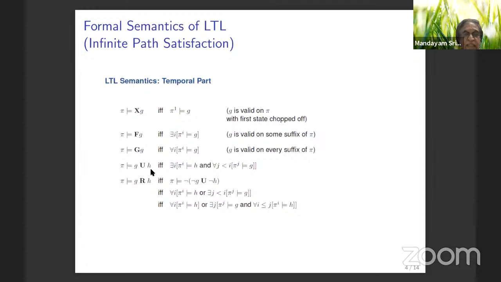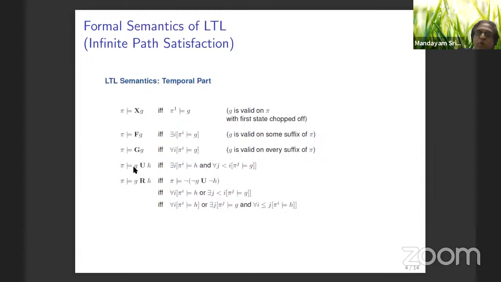Similarly, g until h is true if there exists some suffix starting at i for which h is true, and for every index j less than i, for the suffix starting at j, g has to be true.